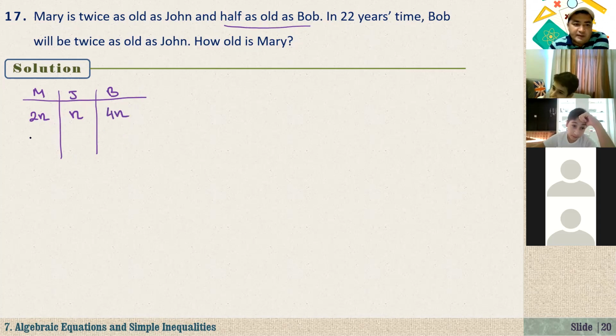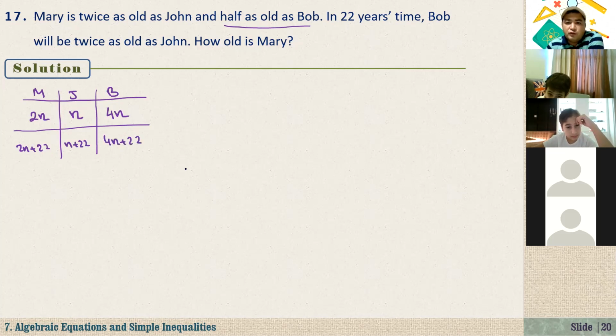In 22 years' time, now the first line represents now, the second line in 22 years' time. 22 years' time means after 22 years, Mary will be 2N plus 22. John will be N plus 22. And also Bob will be 4N plus 22. All right, in 22 years' time, Bob will be twice as old as John. So Bob in 22 years' time, 4N plus 22, will be twice as old as John, that is 2N plus 44.